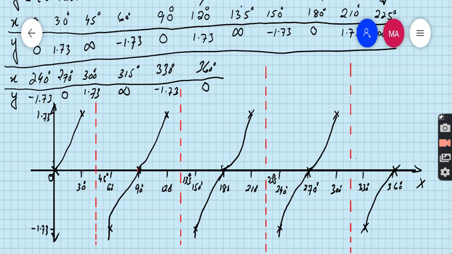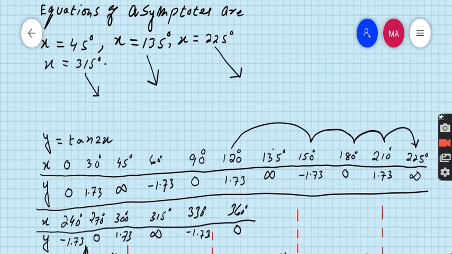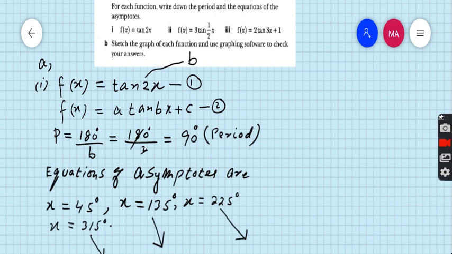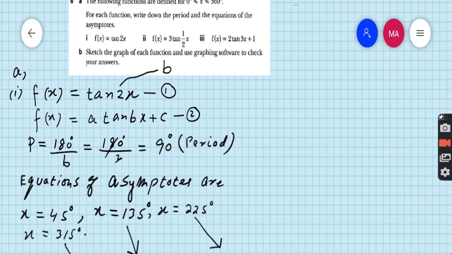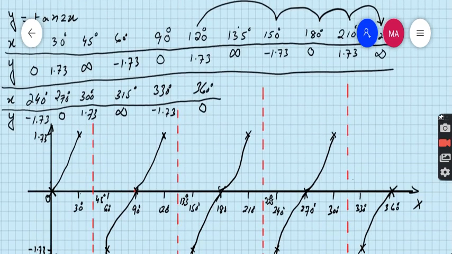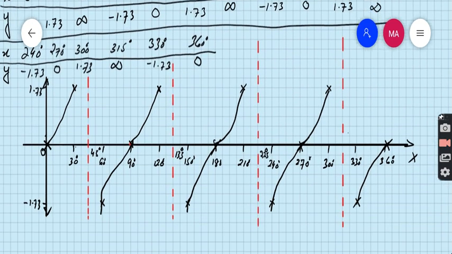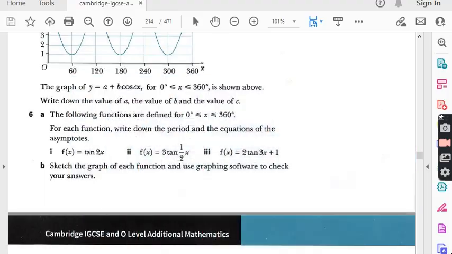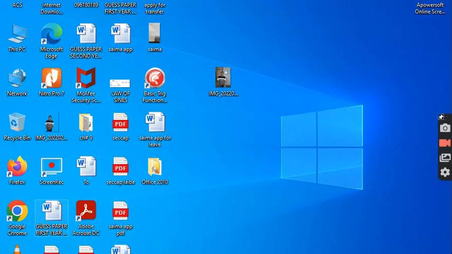See, what was the requirement of part B of question number 1? Sketch the graph of each function. Okay, we have drawn the graph, and use graphing software to check your answer. Okay, I am going to check my answer. Focus your eye on my graph and I am opening an online graph plotter.